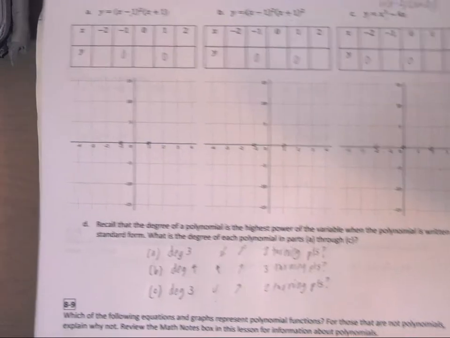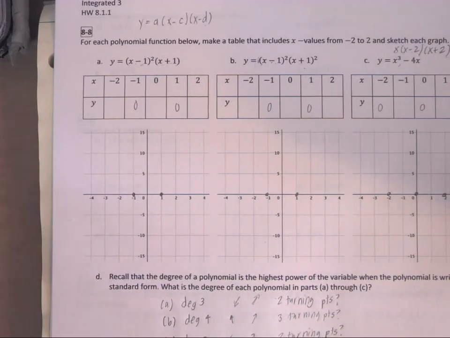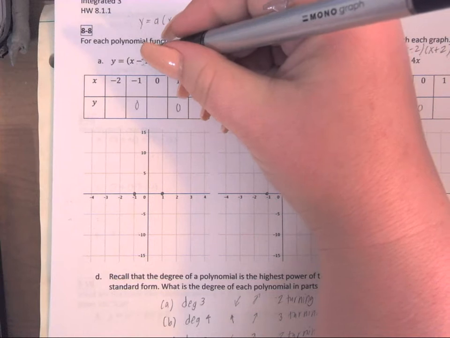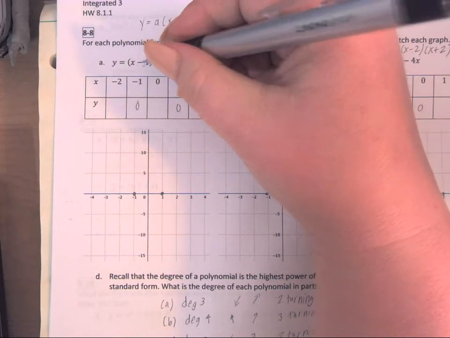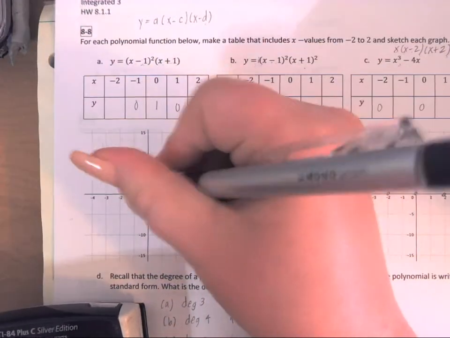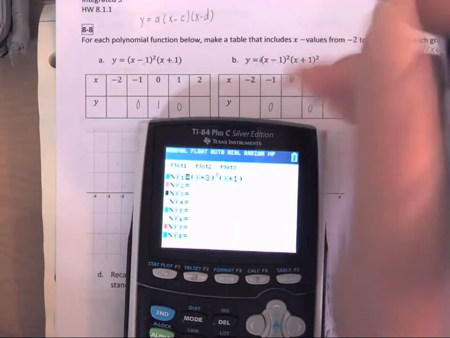Alright, so let's figure out what these other points are. We can use our graphing calculator. You can manually plug them in, but let's just go ahead and find out what those are.